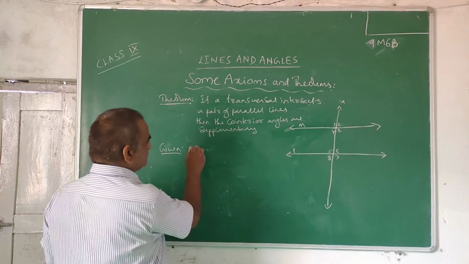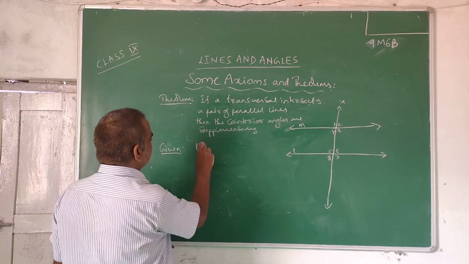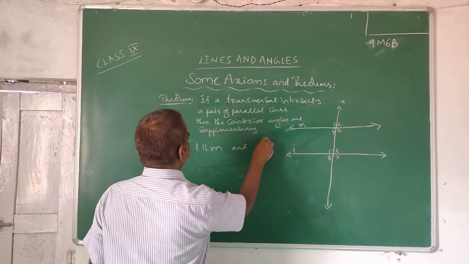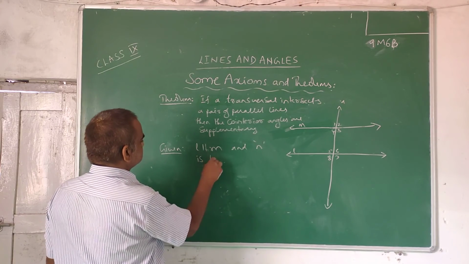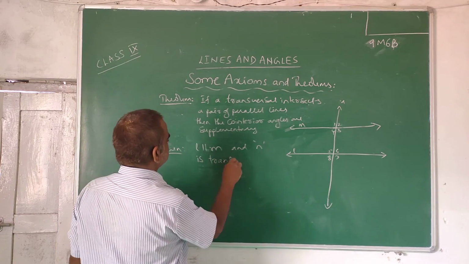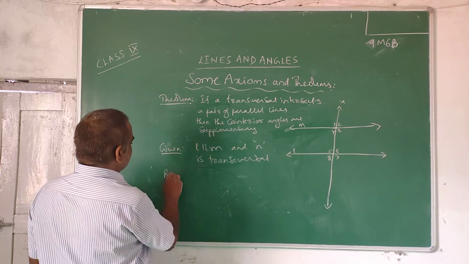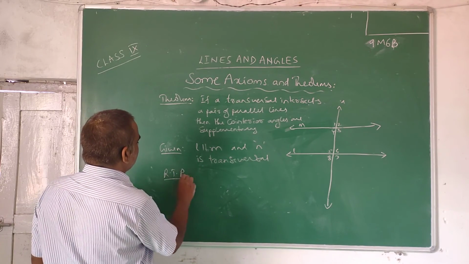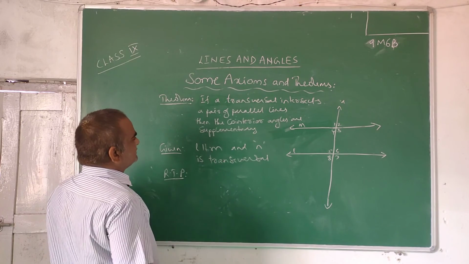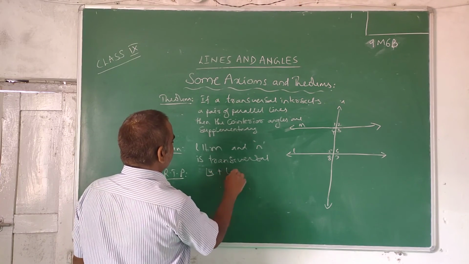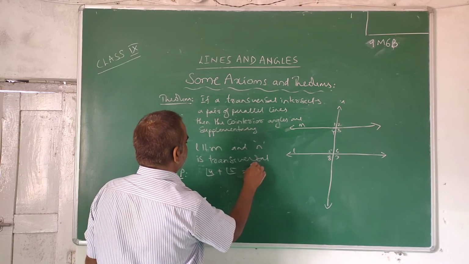So here what is given? L is parallel to M and N is transversal. What is required to prove? The co-interior angles are supplementary. So angle 4 plus angle 5, we need to prove that it is 180.